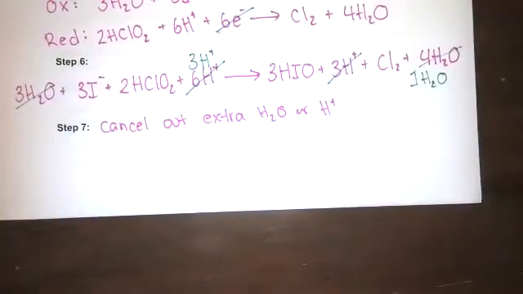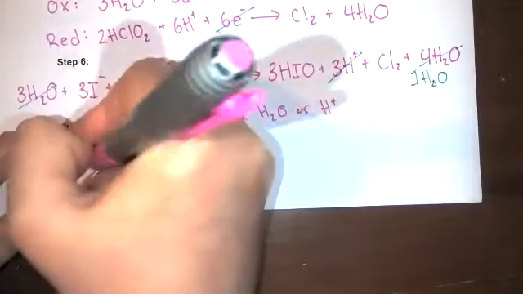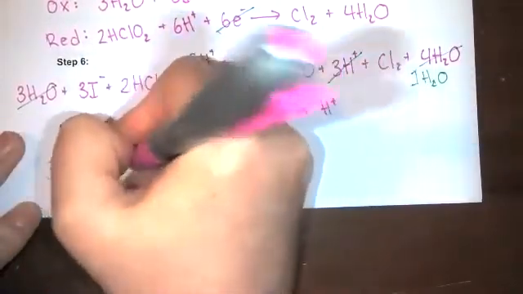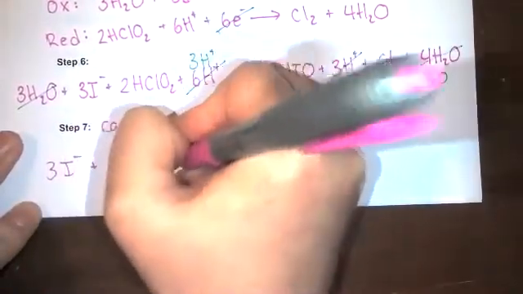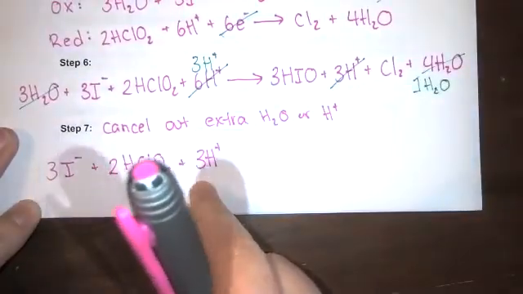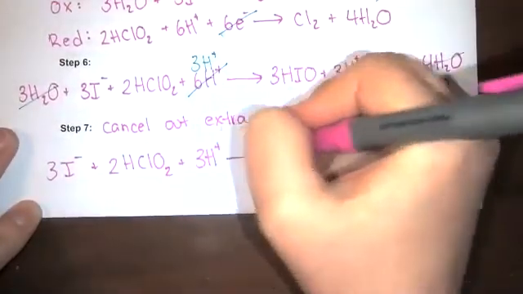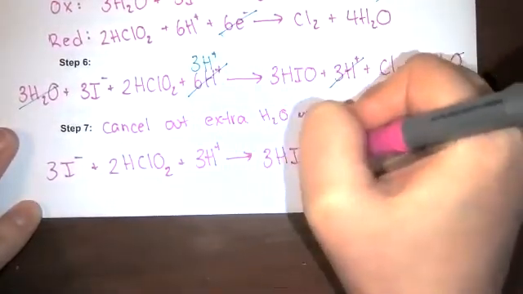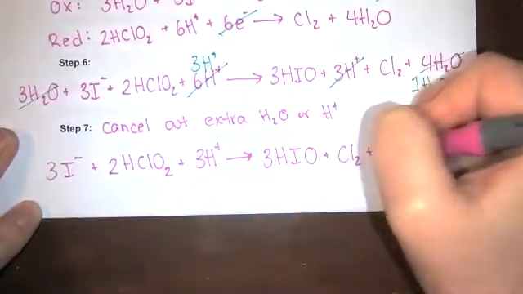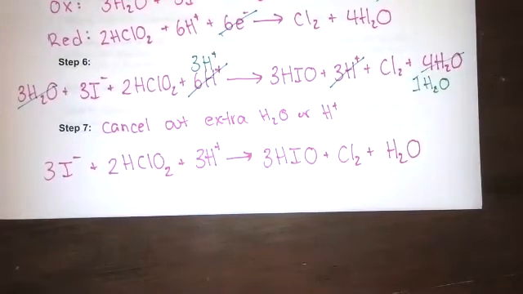So how does this affect our final balanced reaction of this redox equation in acidic conditions? Well, our final equation is going to look like this, where I have an extra 3 hydrogen ions on my reactant side, and a leftover 1 water molecule on my product side.